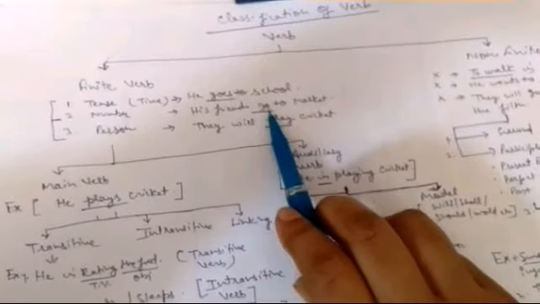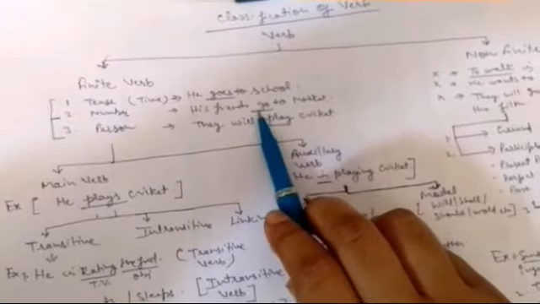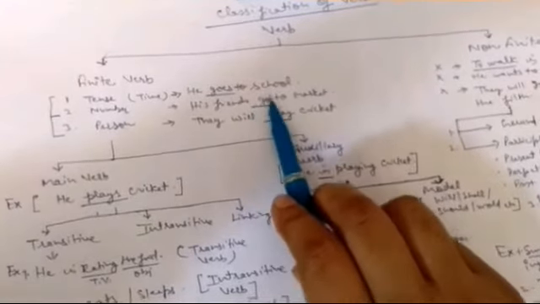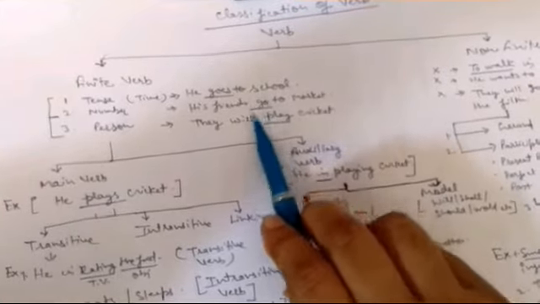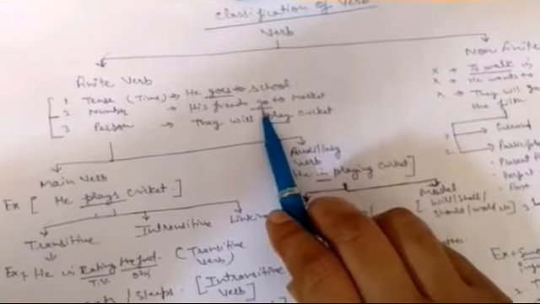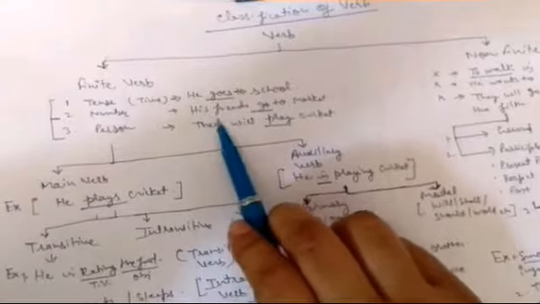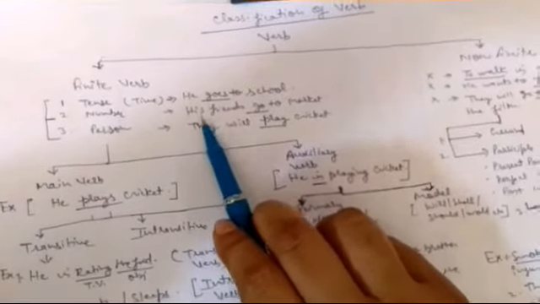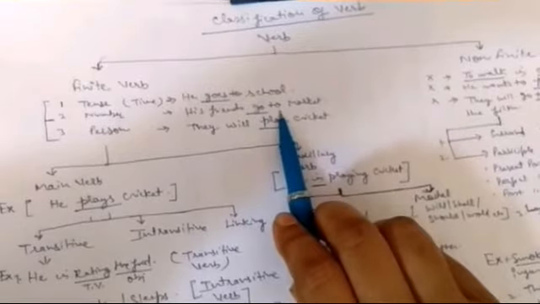Okay. Now finite verb also indicates the number. How can we prove that? Go is the finite verb because it is a plural verb. Plural verb comes when the number is plural. In plural number we use plural verb.